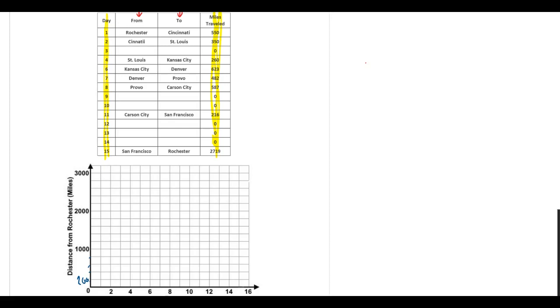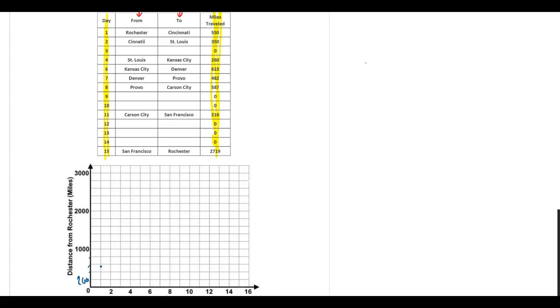And you have to understand as a student, numbers like 550, I can't expect you to be exact with that measurement. 550 is a little bit more than halfway to 1,000. So as long as you make that a little bit above halfway between 0 and 1,000, that's completely fine. On day 1, they arrived from Rochester to Cincinnati is 550 miles.